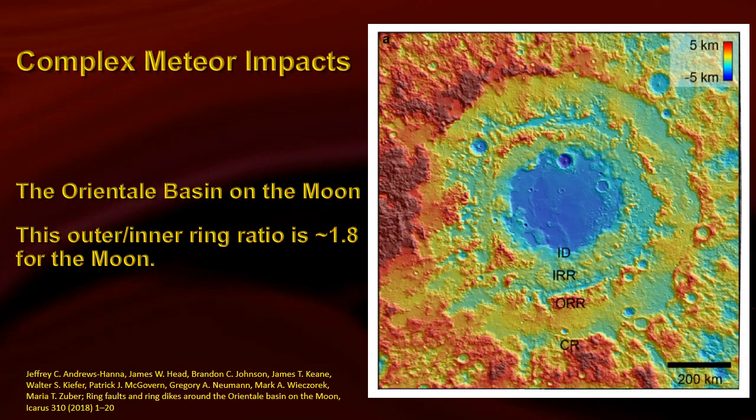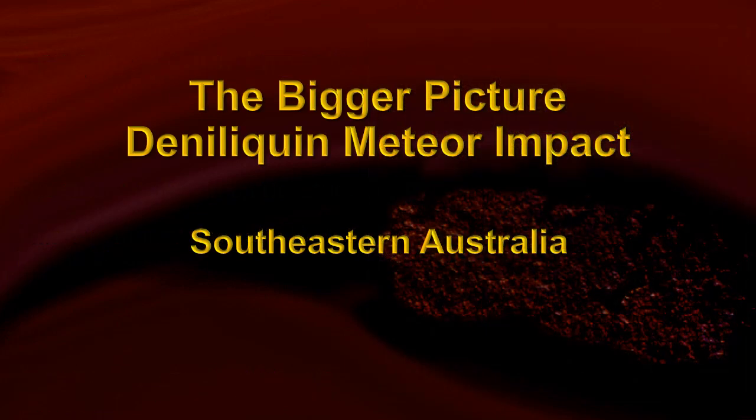This is the Oriental Basin on the Moon. It is a complex meteor impact with an outer-inner ring ratio of approximately 1.8. The Deniliquin meteor impact in southeastern Australia.